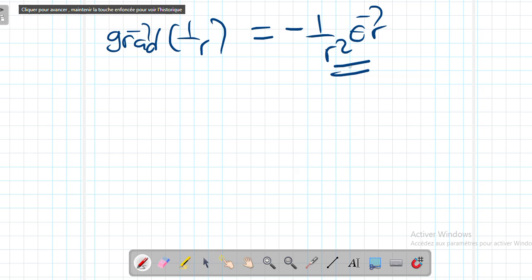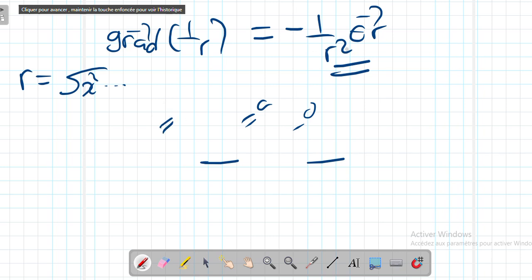You can either go with the Cartesian coordinate system, which is going to cost you time, just know that r is equal to this in the Cartesian, then replace each part, or you just remember how to find the gradient in a spherical coordinate system. The other two components will be 0. This component is what is going to give you this, and then you're good to go.